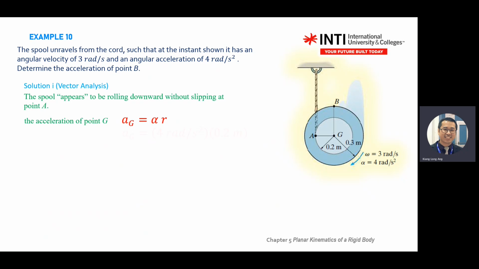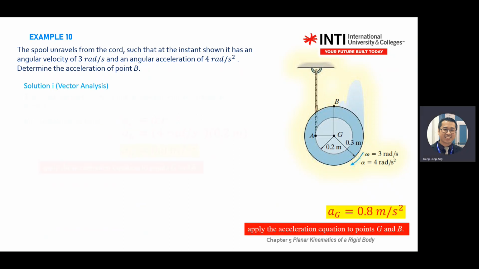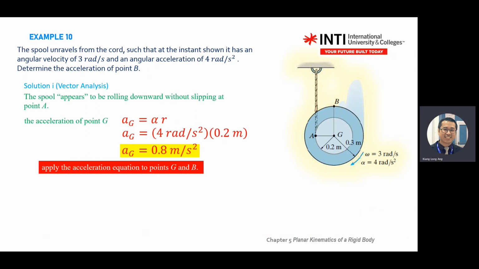You focus from G, then you use your r, referring to point A. Referring to point A, you get your acceleration from the gravity. Then after that, you apply the equation of motion.